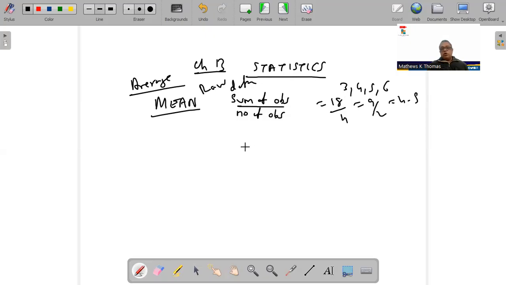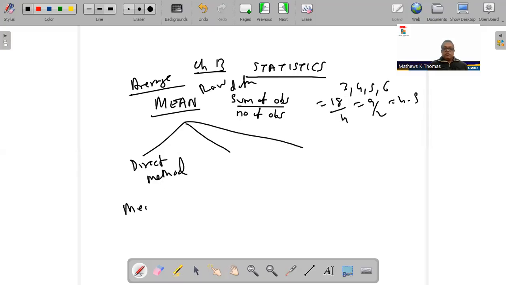If it is not raw data and it is in the form of class intervals and frequencies, then there are 3 methods given to us in the book. One is the direct method. In the direct method, the mean formula is sigma fi xi by sigma fi.